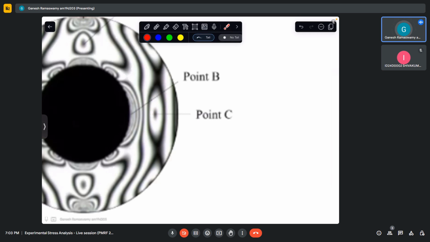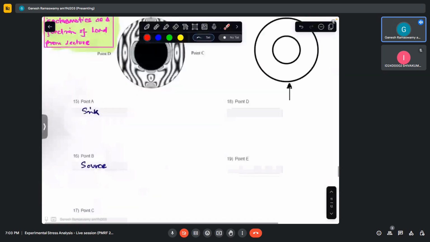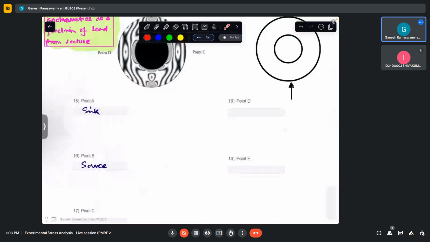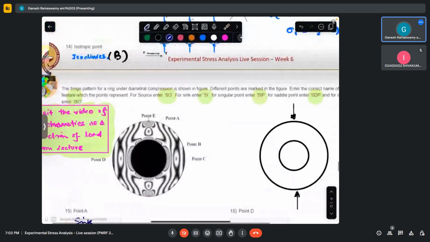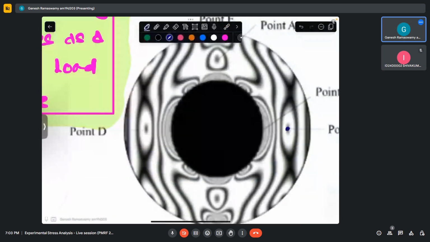So if it doesn't vanish, it is not a sink, but it is an isotropic point. Essentially, if we see the isoclinic fringe features, all the isoclinics pass through this point, and this is not loaded, so this is essentially an isotropic point where our fringe order is 0. So point C. Similarly on this, and this is a symmetric problem about the vertical. So if we have an isotropic point here, similarly we will also have an isotropic point at D.